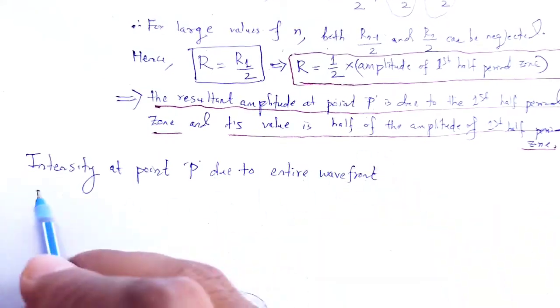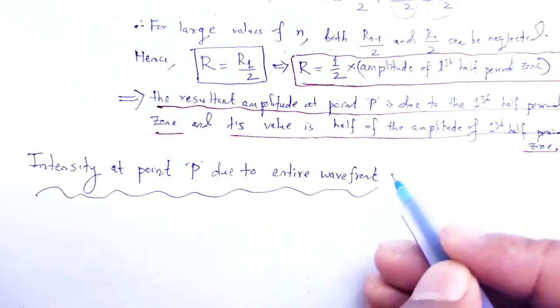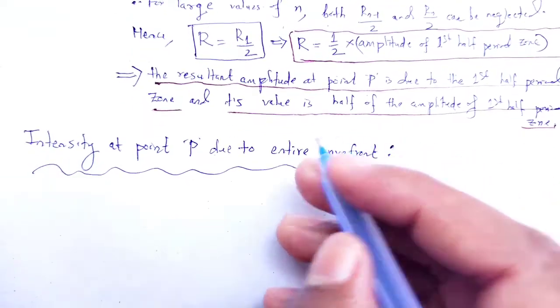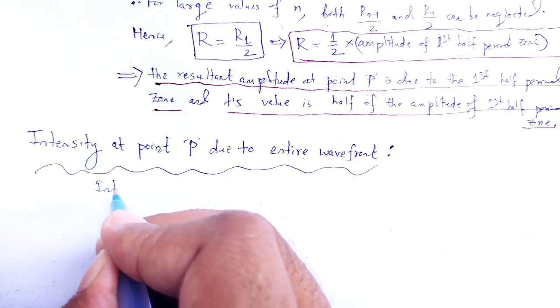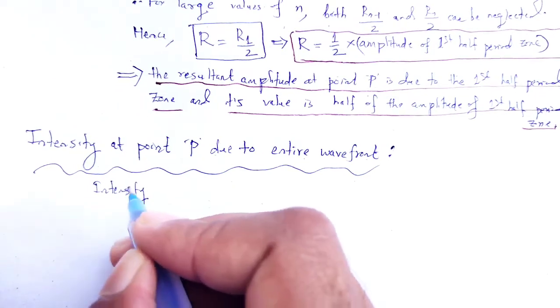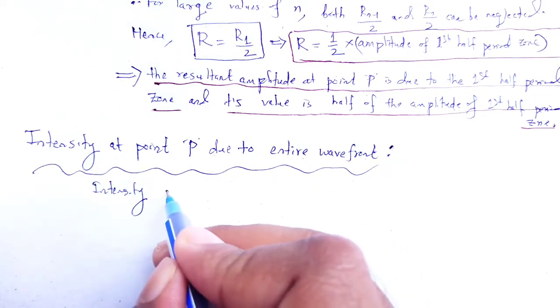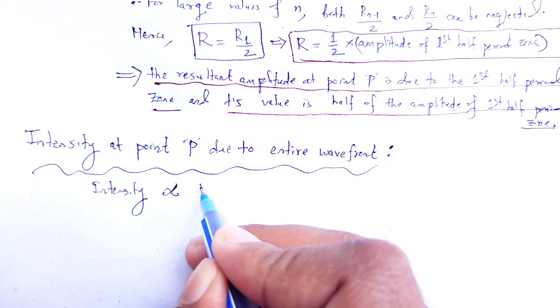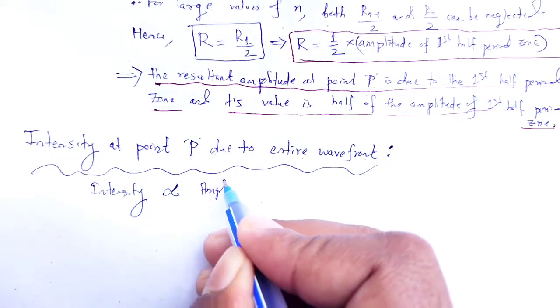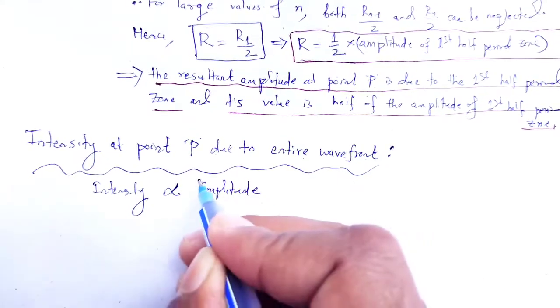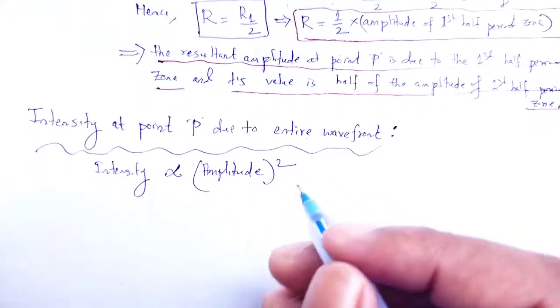We know the relation between intensity and amplitude: intensity is directly proportional to the square of amplitude.